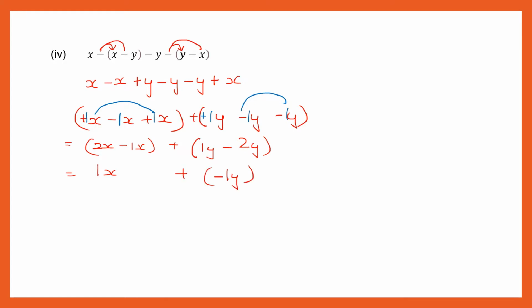So I have, let me write that closer, 1x plus minus 1y. Let me open the brackets. 1x plus into minus is minus 1y. So your answer is 1x minus 1y, or x minus y.